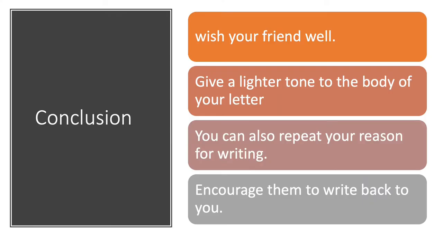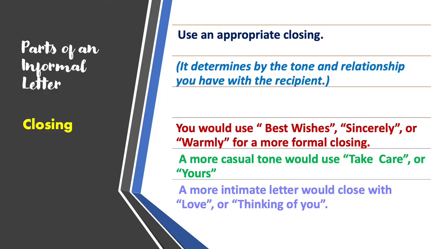Next part is the conclusion. You need to wrap up the subject in this section. This gives a lighter tone to the body of your letter, and you can repeat your reason for writing while wishing your friend well and encouraging him or her to write back to you. Alright? Then comes the closing. According to the tone and the relationship you have with the recipient, you need to determine an appropriate closing.